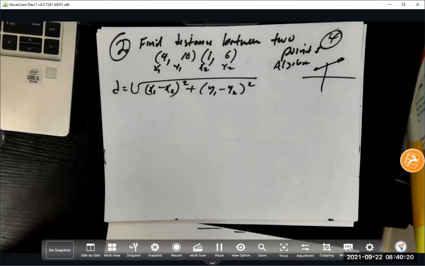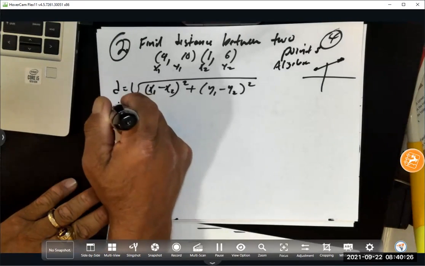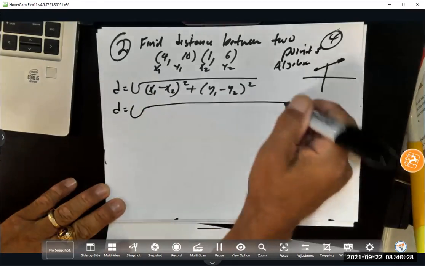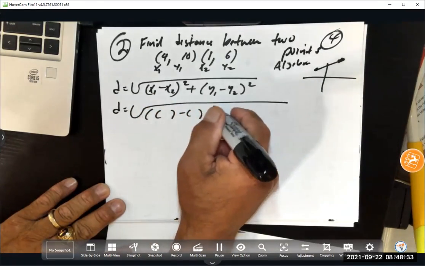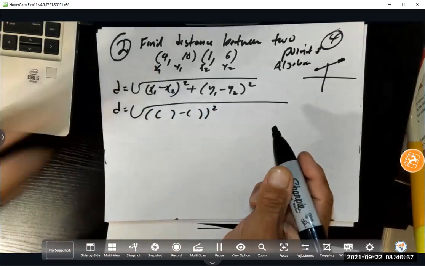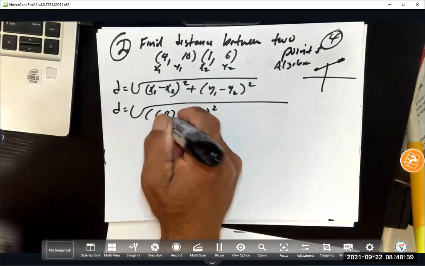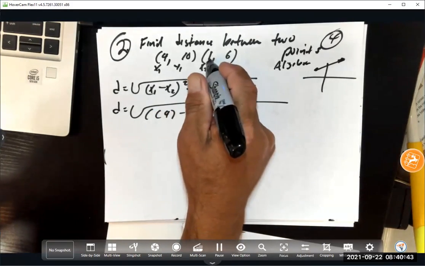Okay. So now I'm going to put all those numbers in there and get my answer. So what is x1? I'll help you. 4. What is x2? 1.